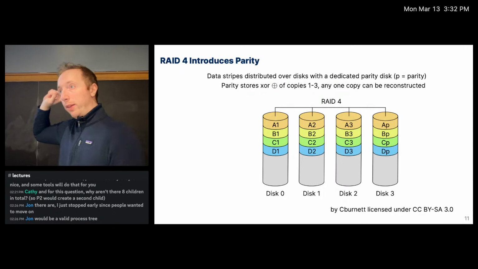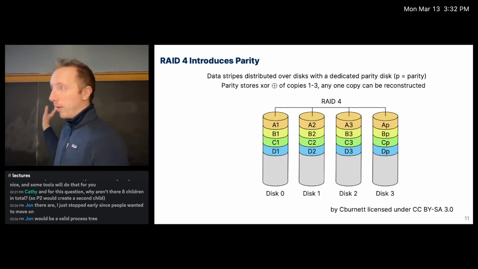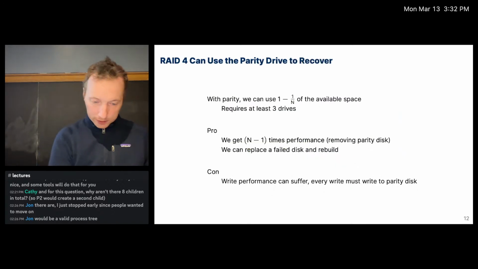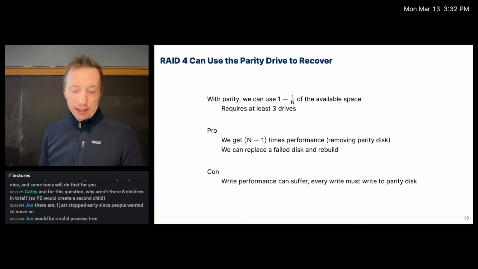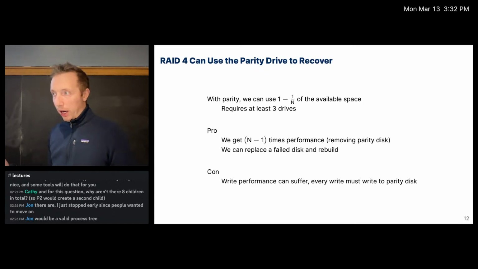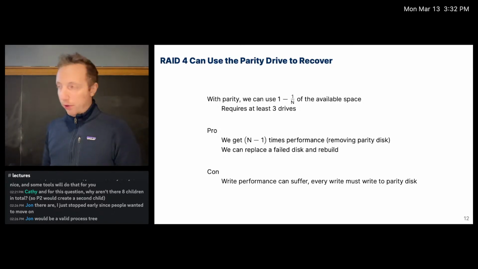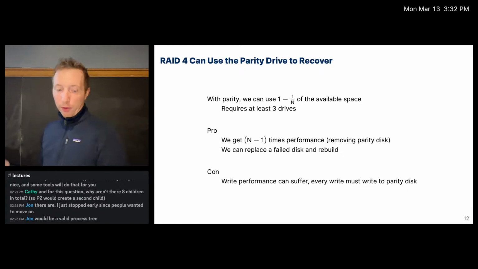It's just full of XOR calculations of all the drives, and that's it. With this you also need at least 3 drives to even be possible to use, and 1 disk is going to be wasted storing all that parity information.